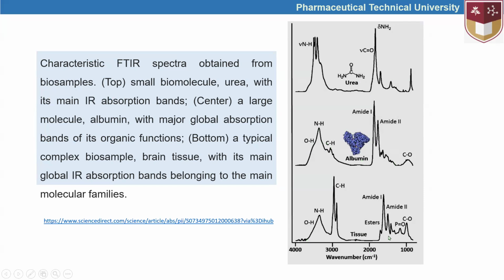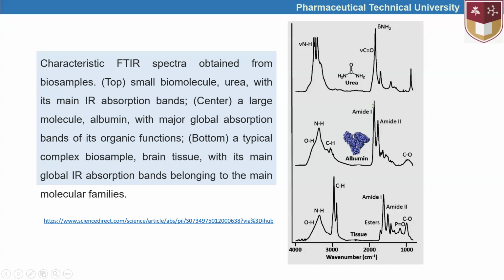Comparing our tissue results, IR spectrum, with the one belonging to albumin, here we can claim a high ratio of protein because NH belongs to protein in many biological, let's say, samples. So by comparing the epithelial tissue IR spectrum with the one belonging to albumin, then we can make a kind of claim about the presence of a high ratio of protein that was studied in an example of albumin.